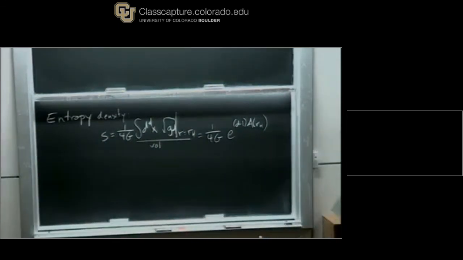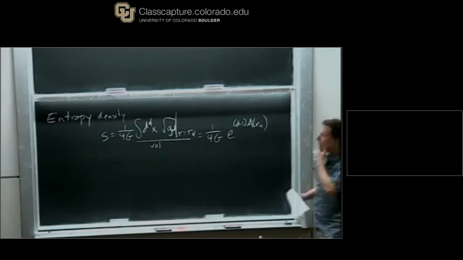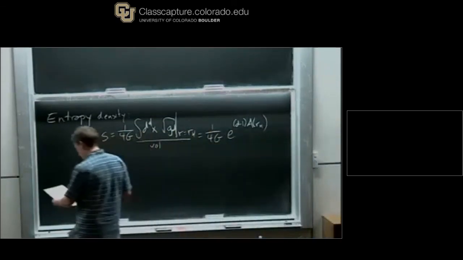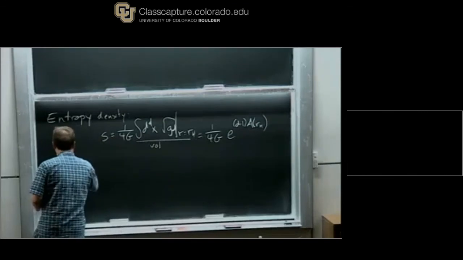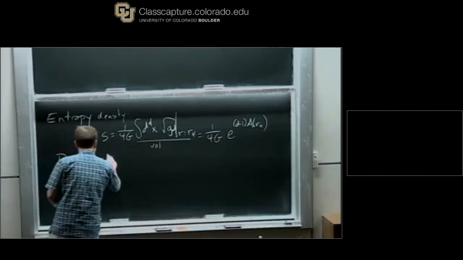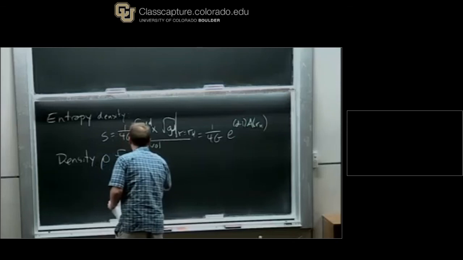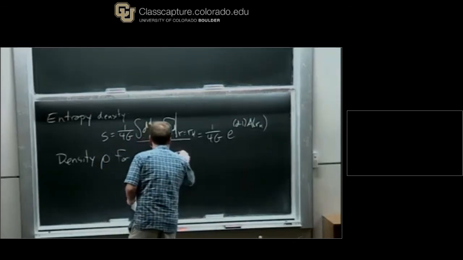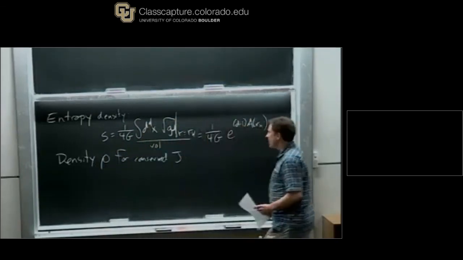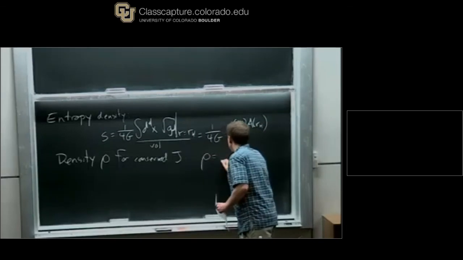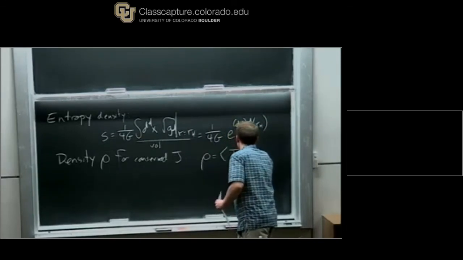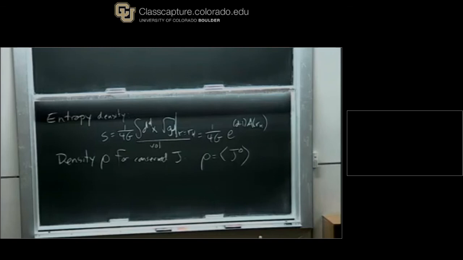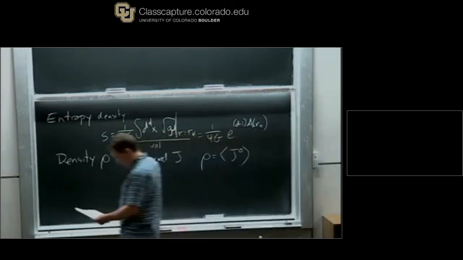So if I want to turn on a chemical potential or a density for a particular conserved current, so density rho for a conserved J. Well, what is that? The density is just part of the current. It's the time component. So I'll take the expectation value of the time component of that conserved current.